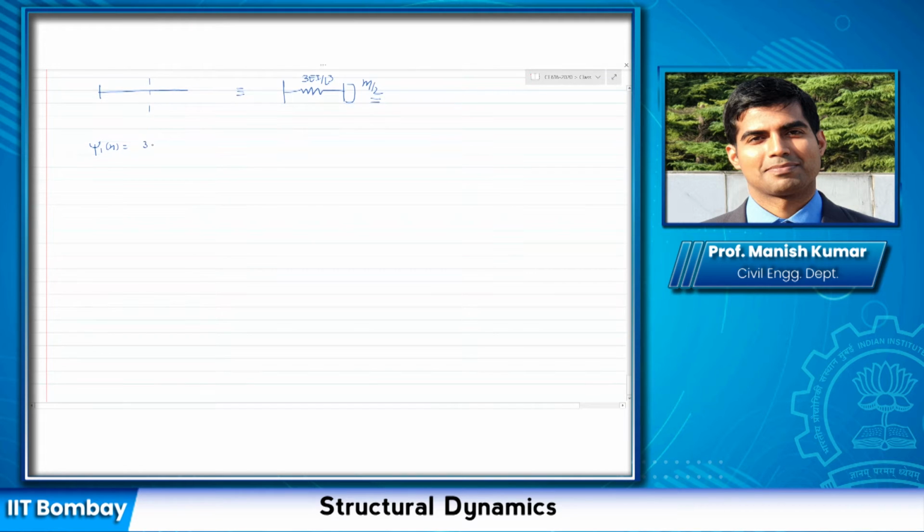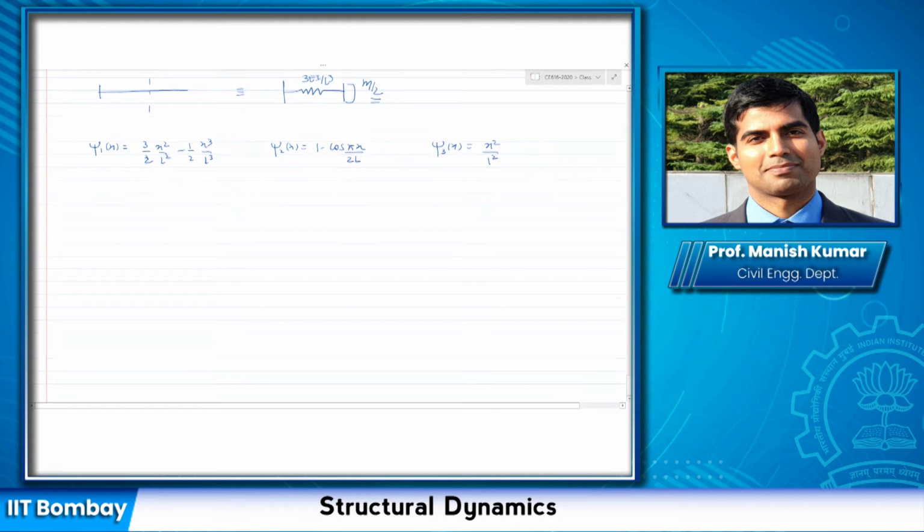I'll just give you the normalized deflection: 3 by 2 x square divided by L square, minus 1 by 2 x cube by L cube. The second one is cos(pi x by 2L). The third one is x square by L square.